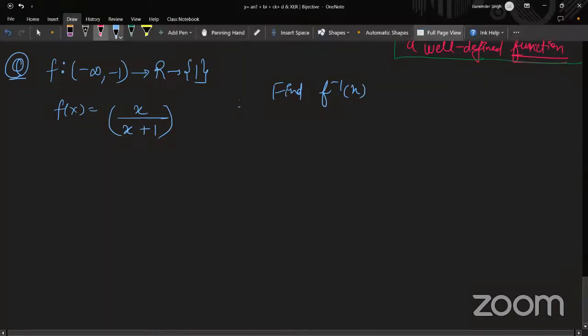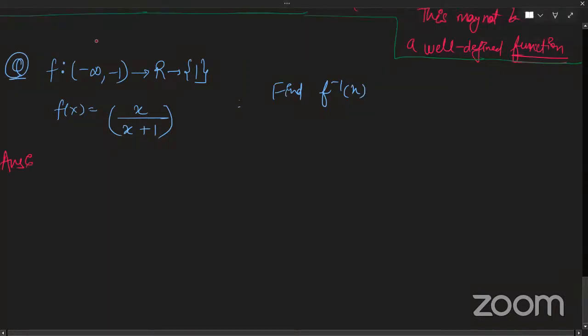So see, it is really simple. What we used to do when finding the range. So if I have a function something like this, I will try to write it down something like this. I will try to separate out the values of x and y.